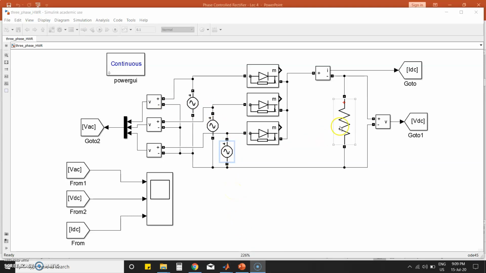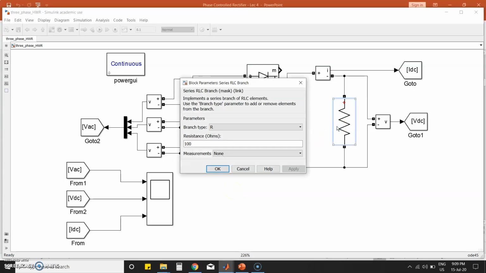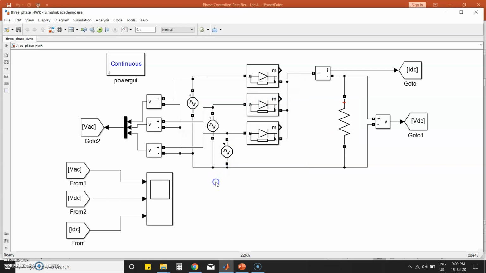The next thing is our load. Here I am using our 100 ohm as usual. Now we can run our simulation and see the graph. Just a minute, it will run.